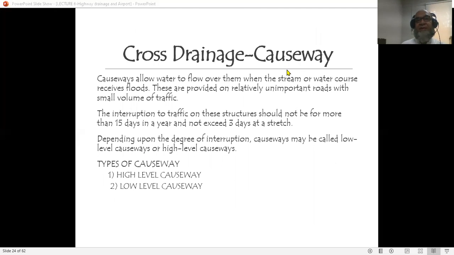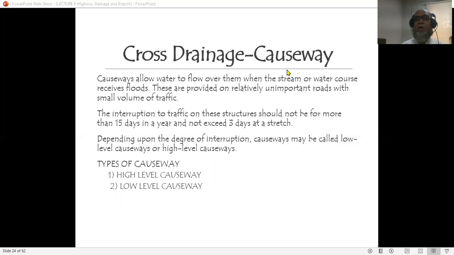Then there are causeways. The difference between bridges, causeways, and culverts: the bridges allow water to pass under them. Causeways, in some circumstances, allow water to pass over them. So again, we can say the height of causeway structures is lesser as compared to culverts.